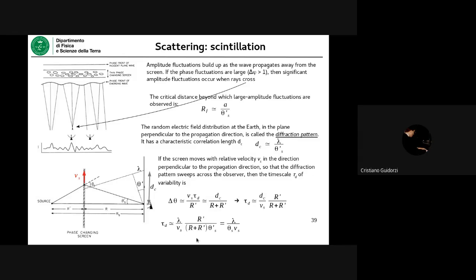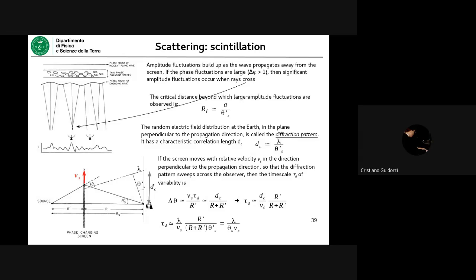So all this guy here is nothing but theta s. Again, you immediately see that in the case of turbulence, in which all the blobs are moving with the typical velocity vs, for example, the more turbulent it is, the more fluctuating will be the flux measured by the detector.